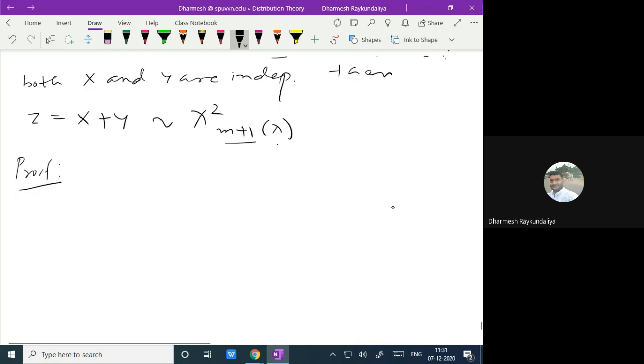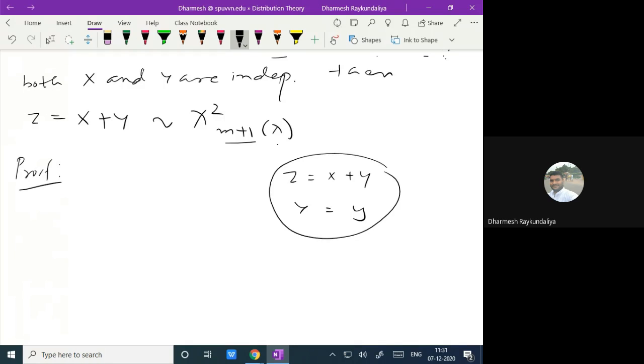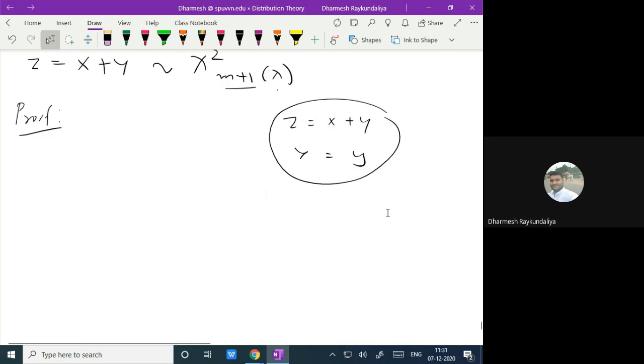There you have to take, let us say, z equal to x plus y and y equal to y, find the Jacobian, substitute the value of z, and integrate over y, and we get the density of z. That is in the homework, but I will show you using the polar transformation.